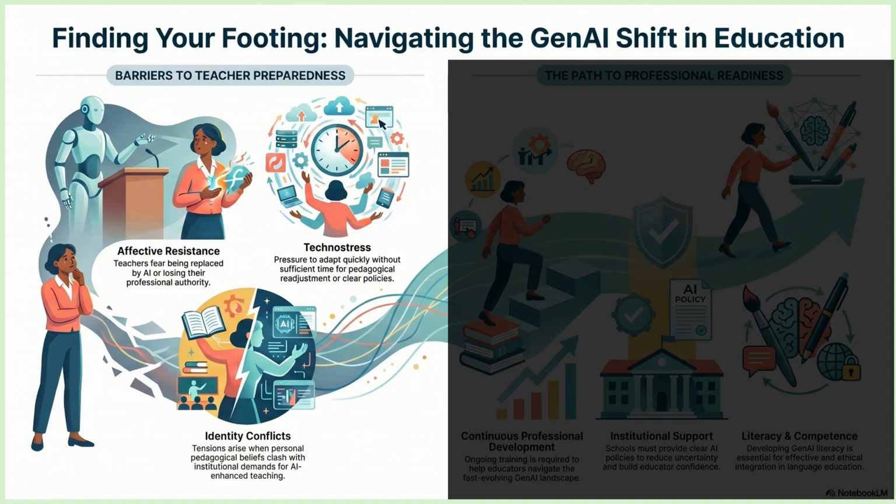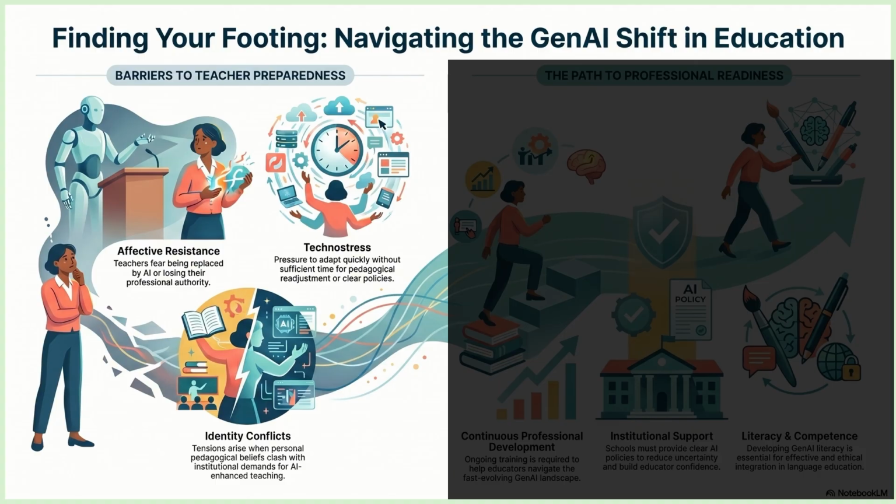AI can do what I can do. There's tension between that existential identity crisis and perhaps clashes with institutional demands for AI-enhanced learning. Institutions want you to use more AI, for example. These are the stresses that teachers might be facing.